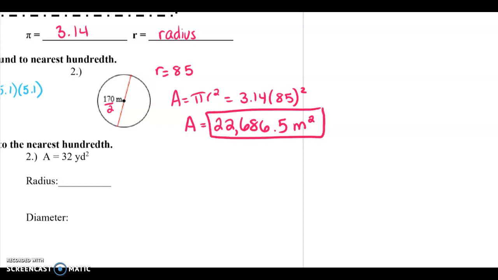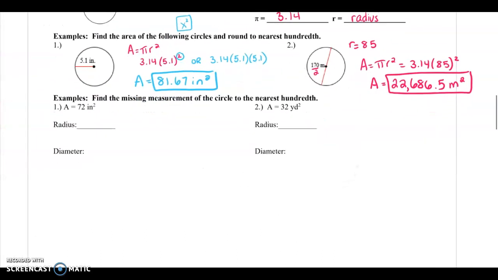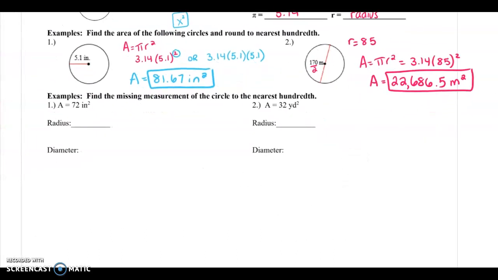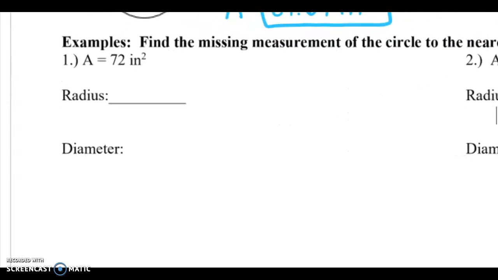Now, working backwards with these problems is not as easy as just dividing. So working backwards, you have to use the area formula and you have to find the radius first. So area equals pi r squared. So 72 equals 3.14 r squared.